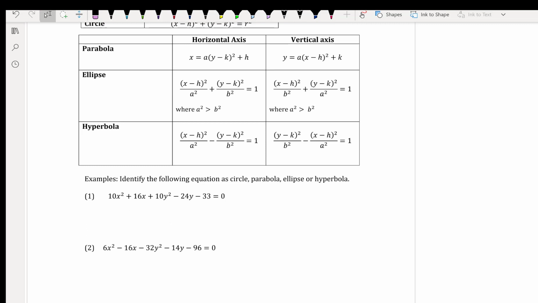So let's look at this first one. Well, I know that I have an x squared and I have a y squared, and it's equal to 33. So I'm just going to simplify this just a little bit. So I have this as 10x squared plus 16x plus my 10y squared minus 24y is equal to a positive 33.